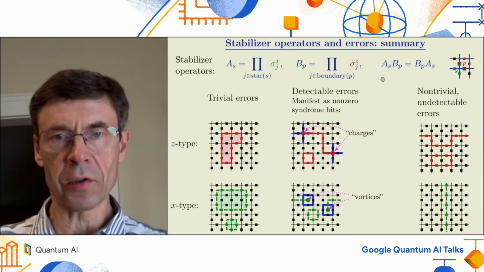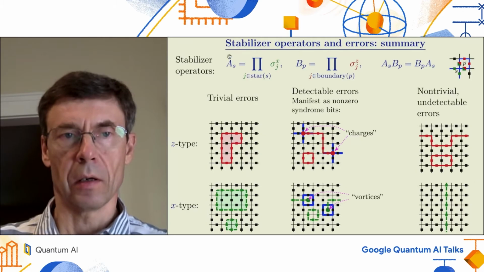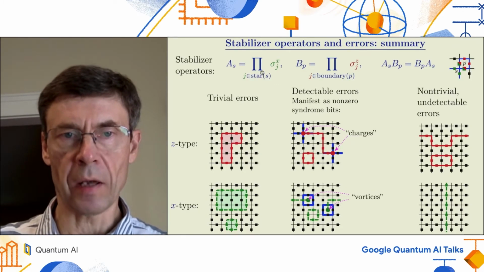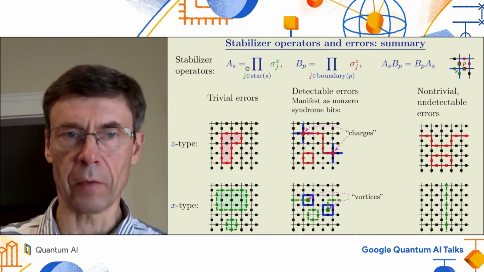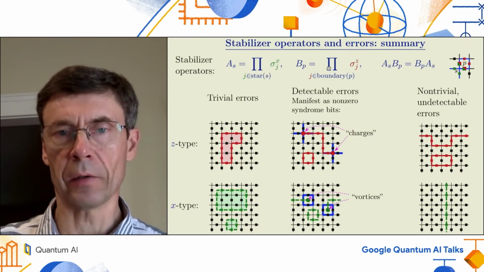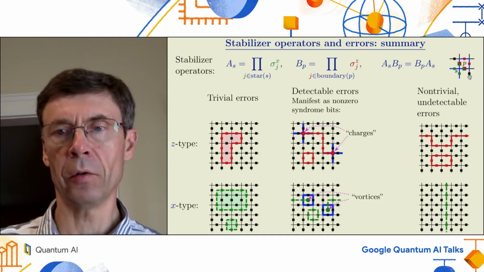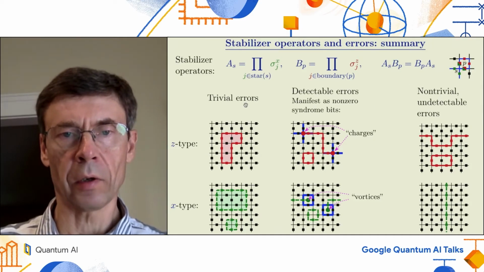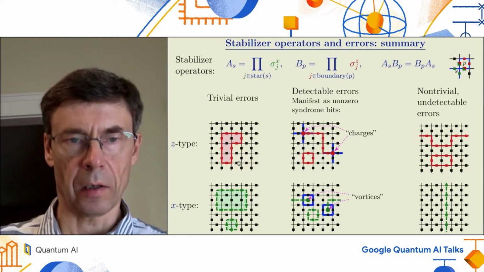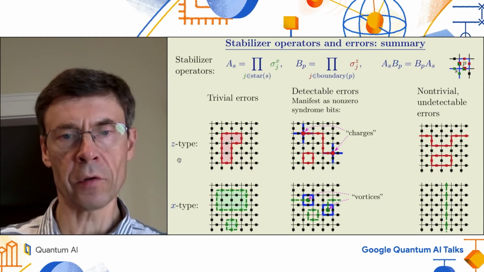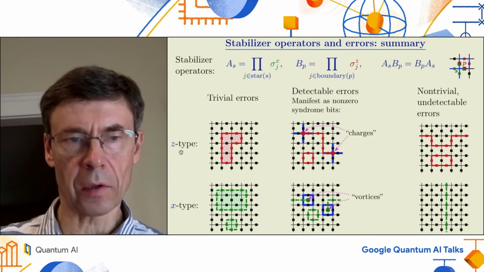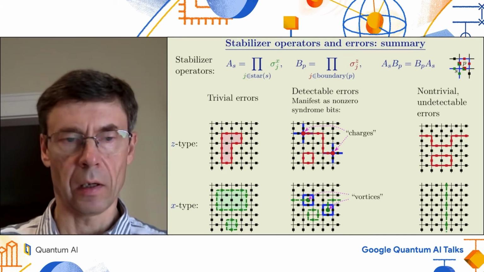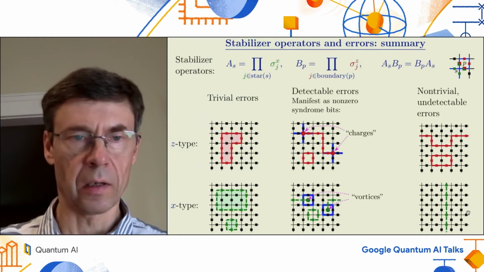This slide shows an intermediate summary. The stabilizer operators are products of sigma x around a vertex and sigma z around a plaquette. They commute. And the errors can be broken into 3 classes according to columns, but the rows show Z-type errors and X-type errors.